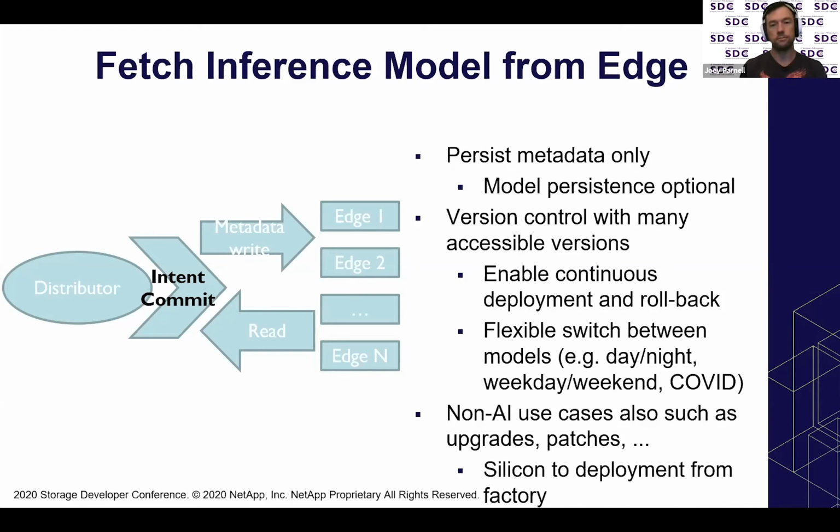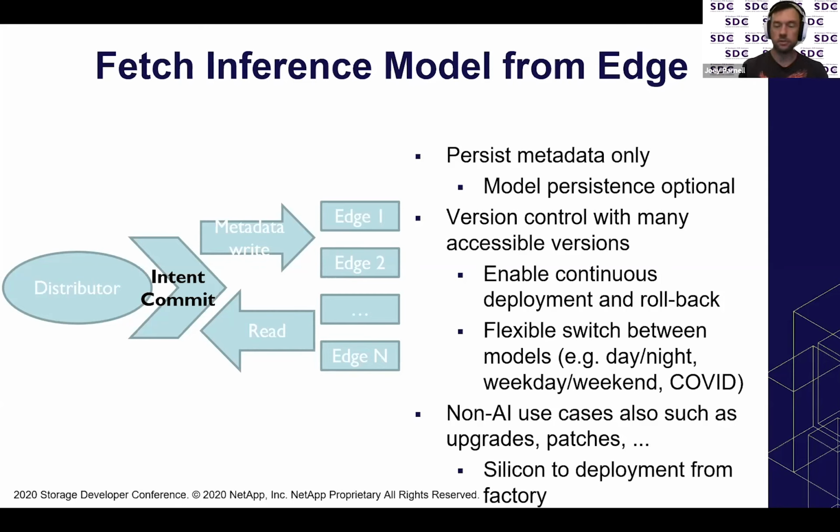So for example, a retail location might have a different model for day and night. If, let's say, it's retail surveillance, there are certain things that you expect and want to look for during the day versus the night. There's certain things that you want to look for on a weekday versus a weekend, potentially.